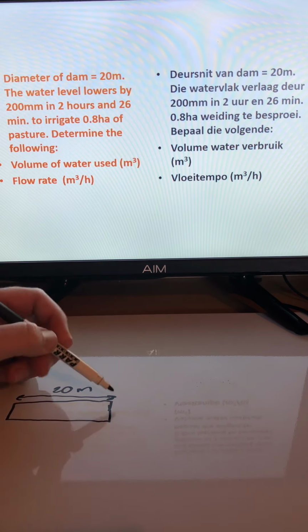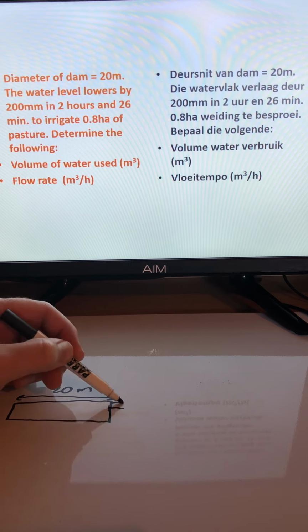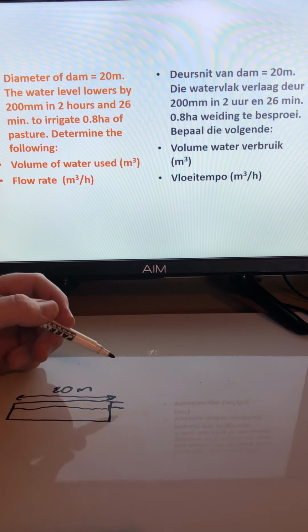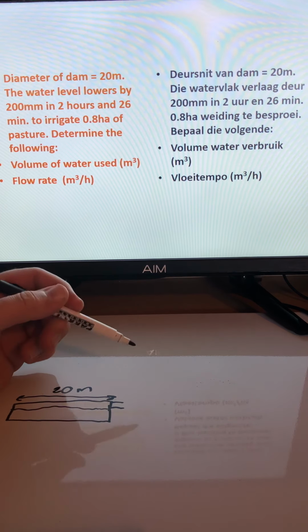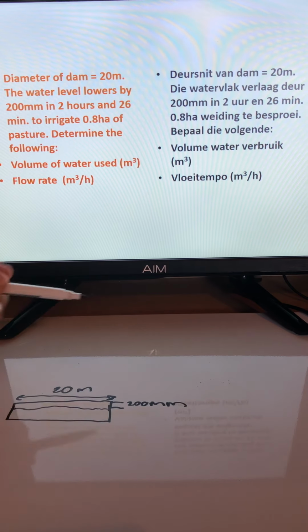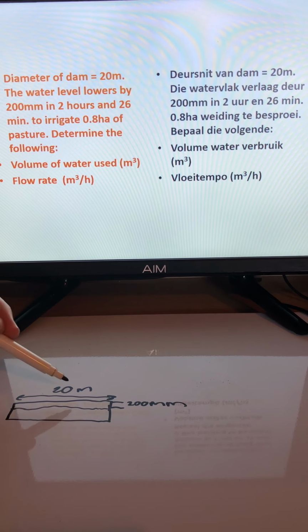After the water has been used, the level of the dam lowers, and the amount lowered is 200 millimeters. They want to know how much water is used.